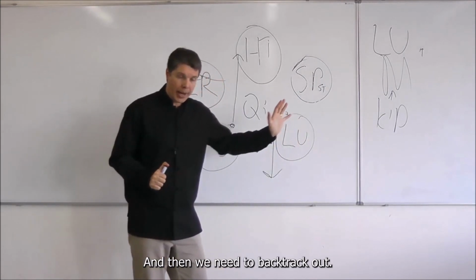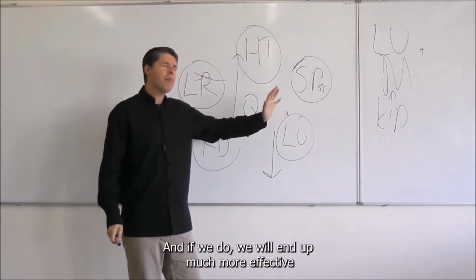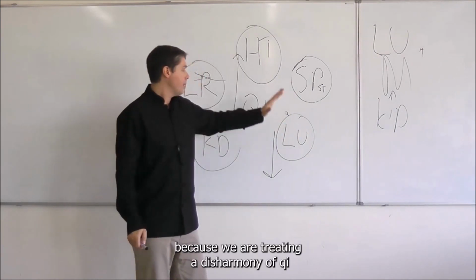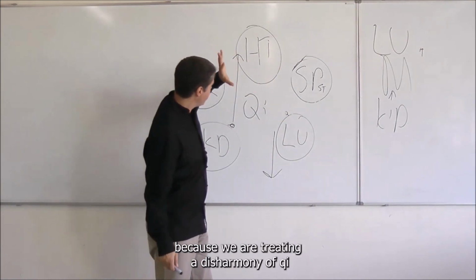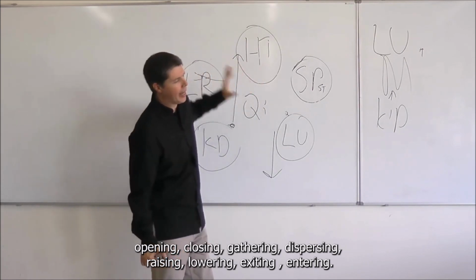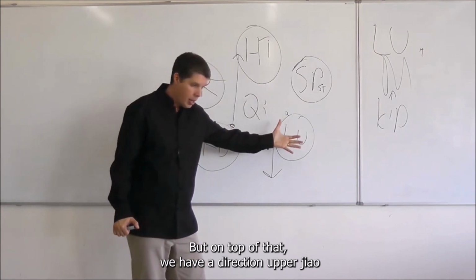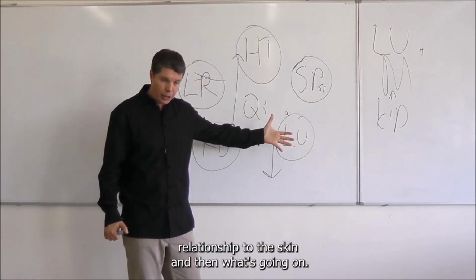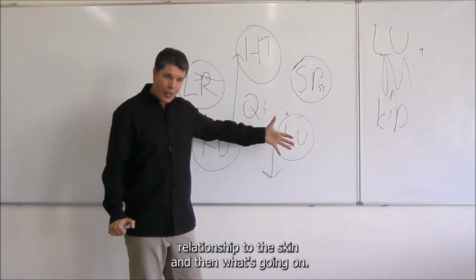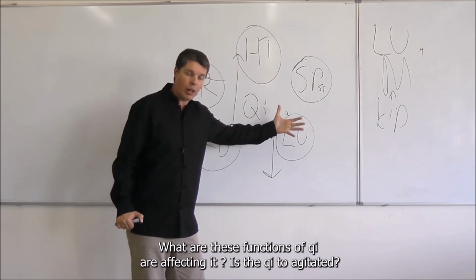And then we need to backtrack out. And if we do, we will end up much more effective because we are treating a disharmony of qi, opening, closing, gathering, dispersing, raising, lowering, exiting, entering. But on top of that, we have a direction, upper jiao, relationship to the skin, and then what's going on? What of these functions of qi are affecting it?